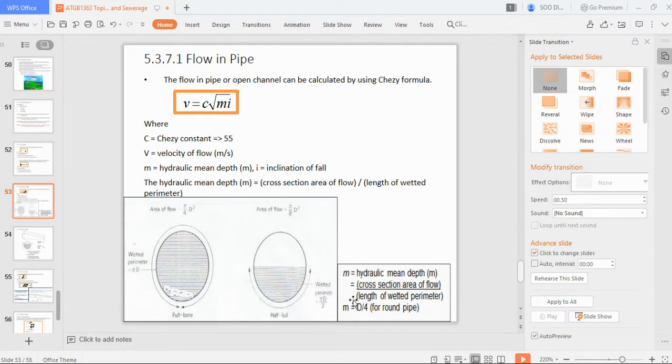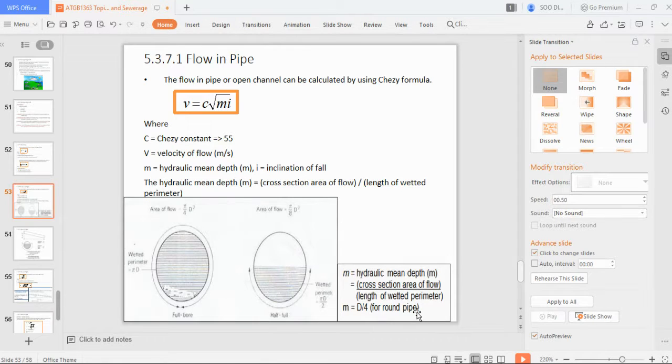With this sort of scenario and the formula for the area and the length of the wetted perimeter, you can go and calculate it out, for either full or half.